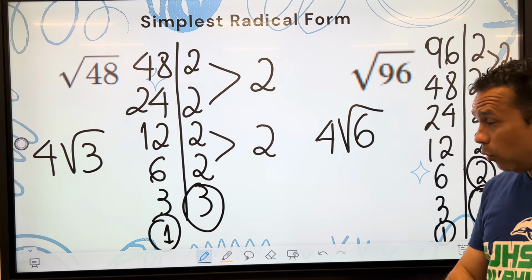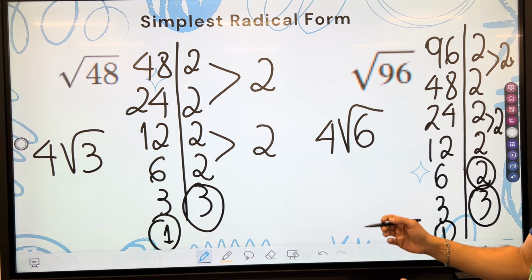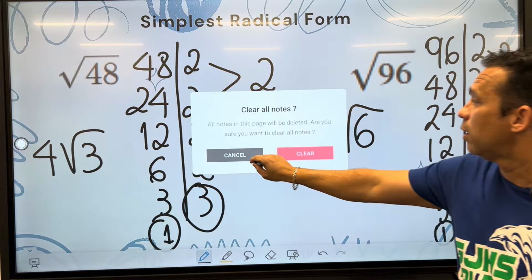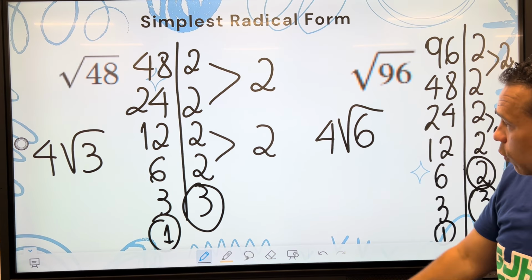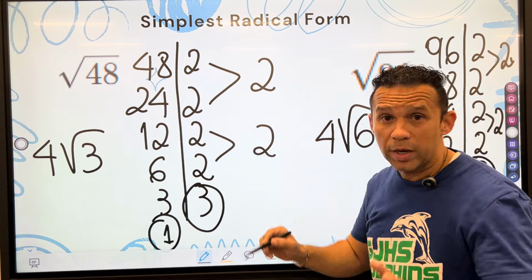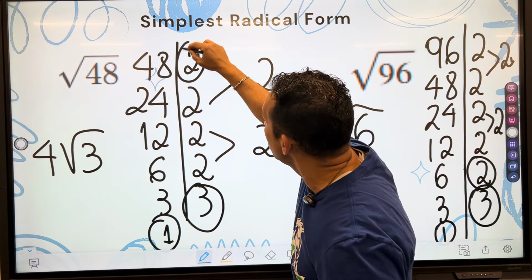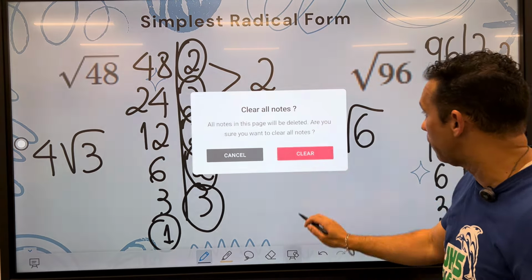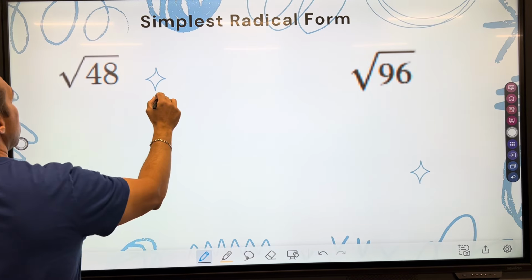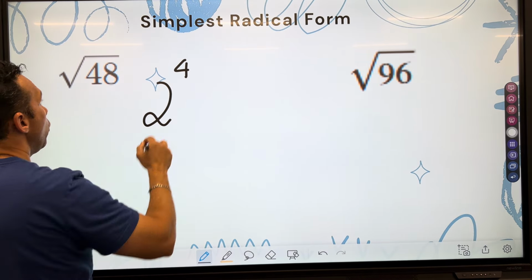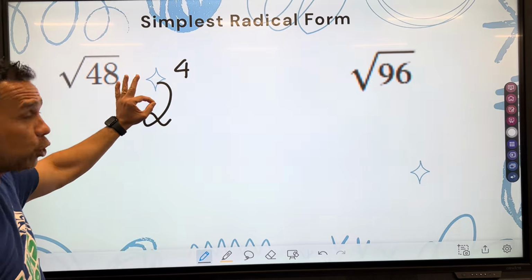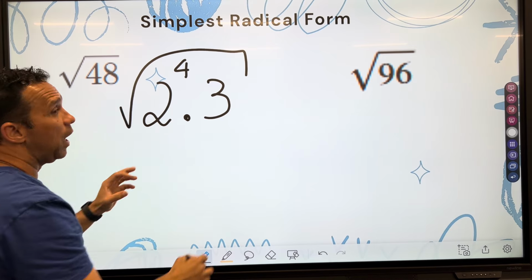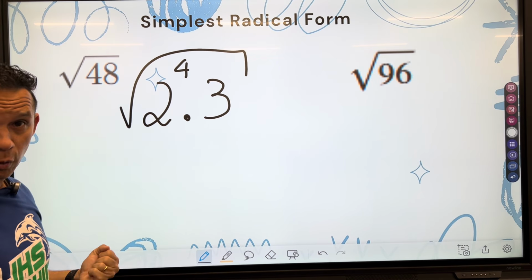If you want to see a different way, if you don't think this is easy, let's try it this way. Remember, 48 will be 2 to the power 4 times 3. Count the 2s we have here: 1, 2, 3, 4 twos, and one 3. So 48 is 2 to the power 4 times 3 inside jail. We want to free those numbers.